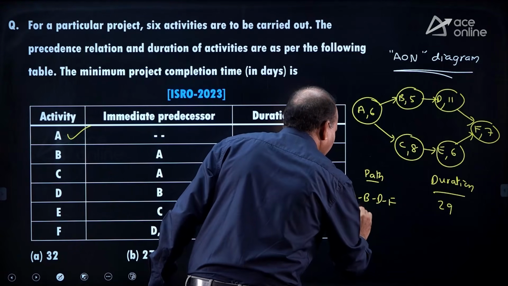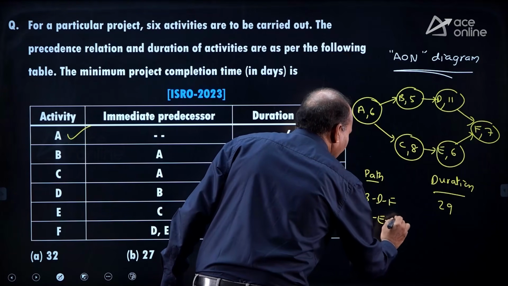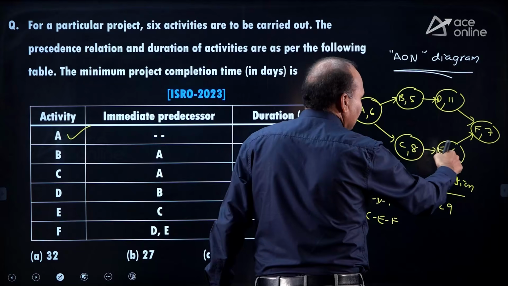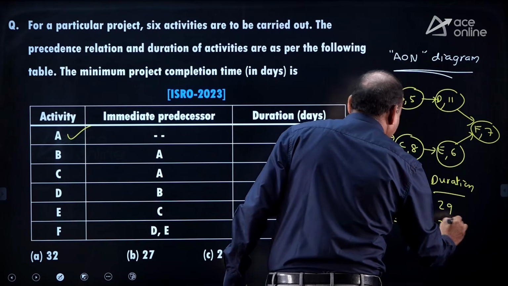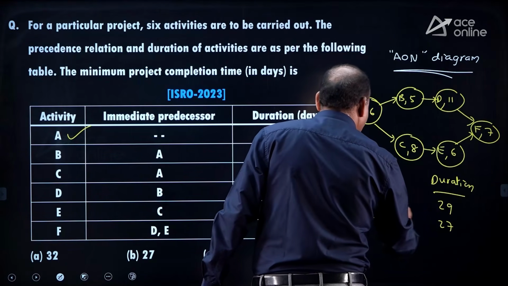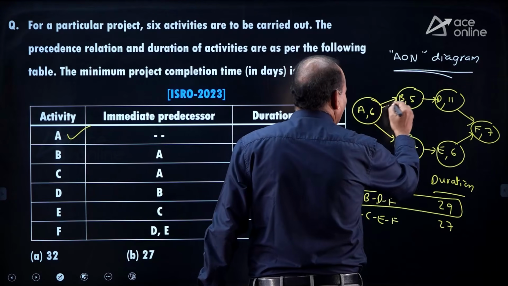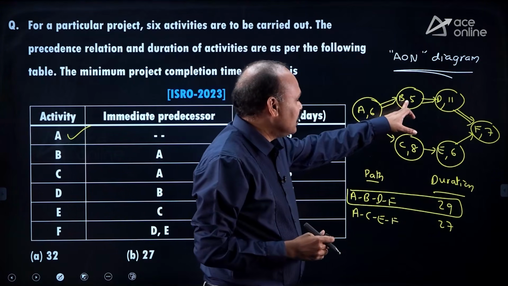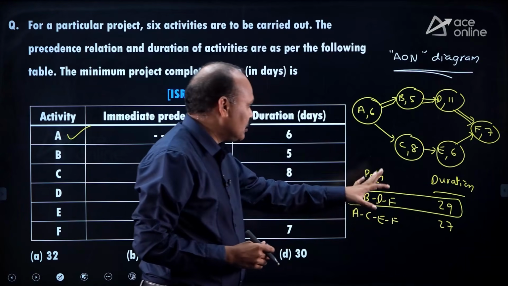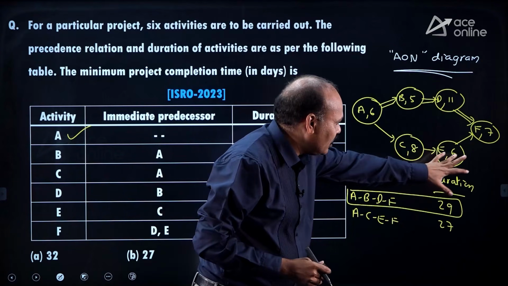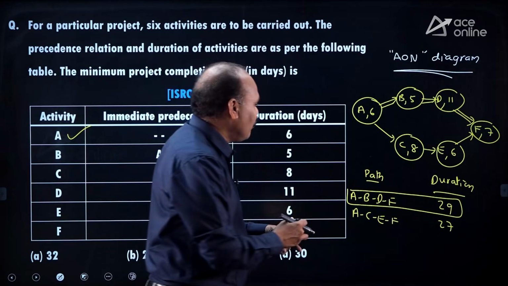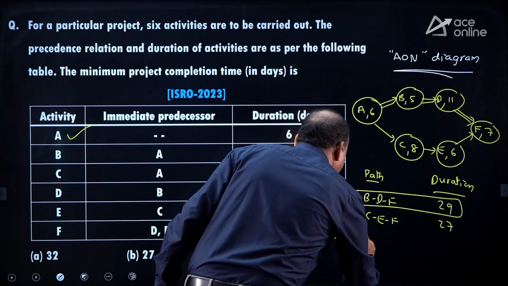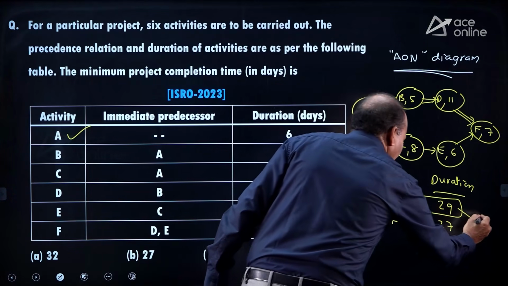Next path A, C, E, F: 6 plus 8, 14, plus 6, 20, plus 7, 27. Longest path is 29, so A, B, D, F. Maximum value. Project completion time is equal to critical path duration. This is actually the critical path.